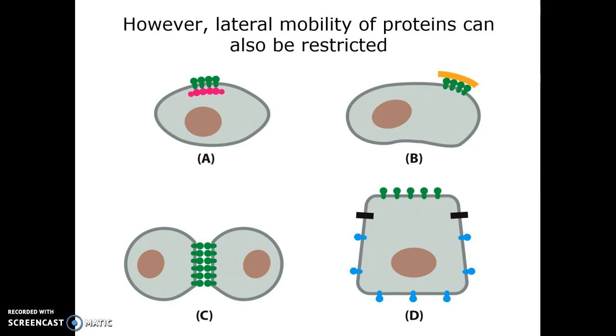And this is very important for the epithelial cells of the gut because there are transporters that you only want transporting stuff from the lumen of the gut into the cell. You wouldn't want that same protein on the other side of the cell, on the basolateral side. Same thing with the basolateral proteins. You wouldn't want them on the apical side.